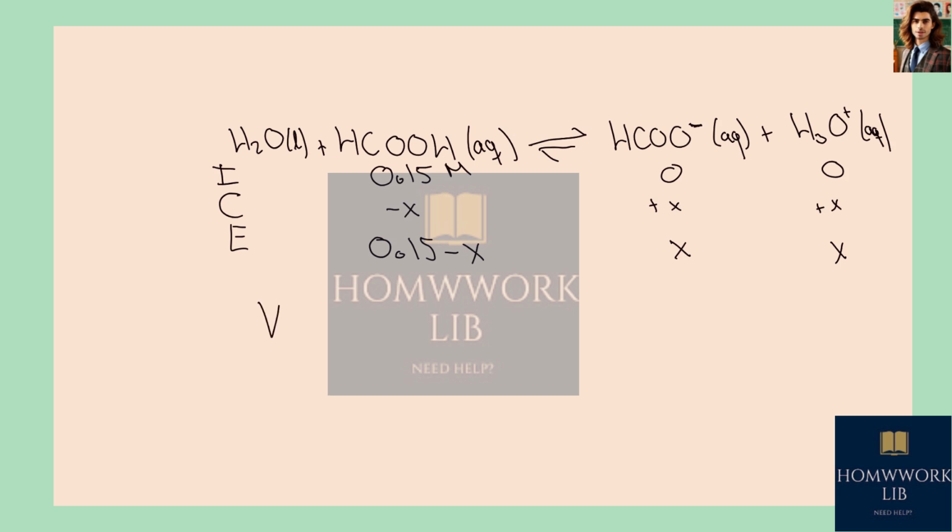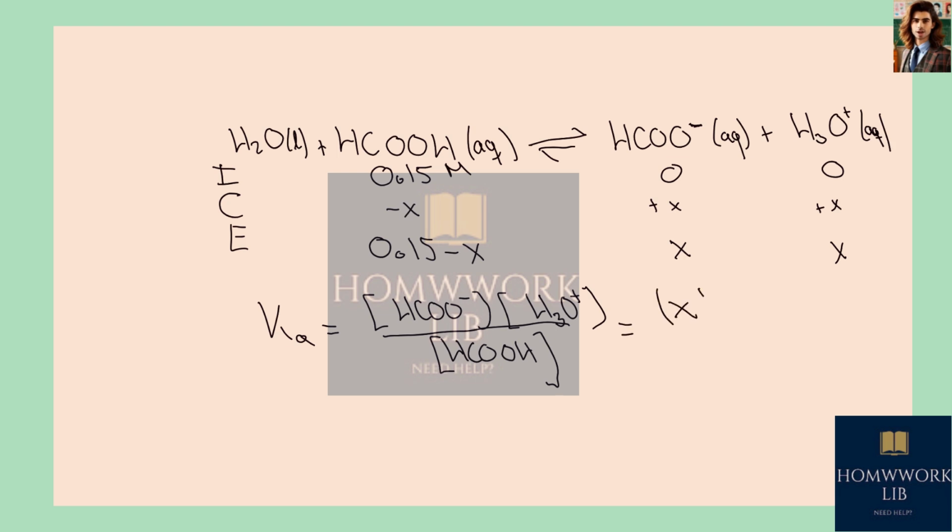With this, we can write down our acidity constant, which we need to remember is HCOO minus times H3O plus divided by the concentration of our acid. Replacing the values that we have, it would be x times x divided by 0.15 minus x.